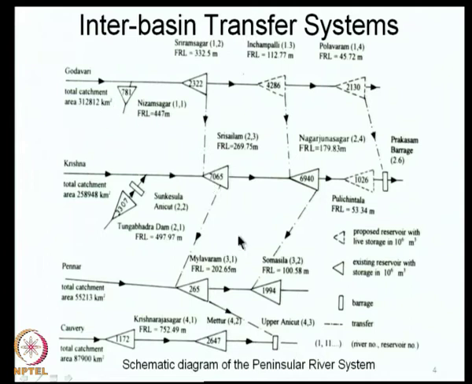For each of these basins, the total catchment is also given here. So, as you can make out from this system along with the numbers, it is a major system, a huge system in fact.